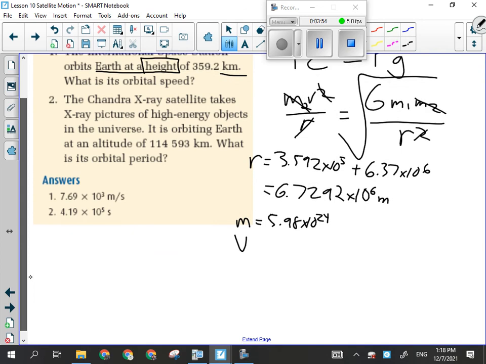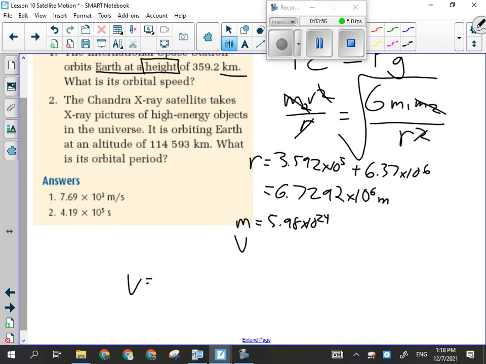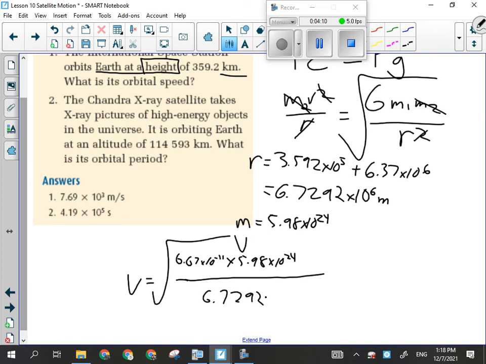So what I end up with is that V will equal the square root of 6.67 times 10 to the minus 11 times 5.98 times 10 to the 24, divided by 6.7292 times 10 to the 6.